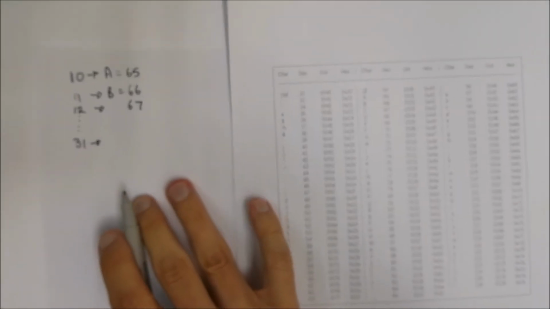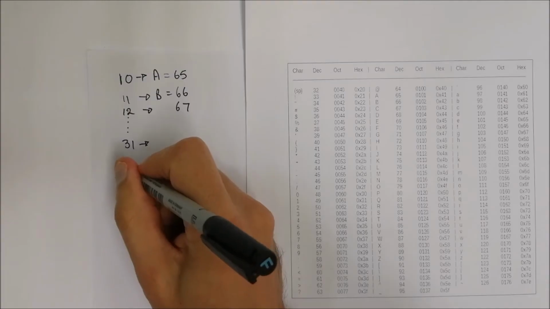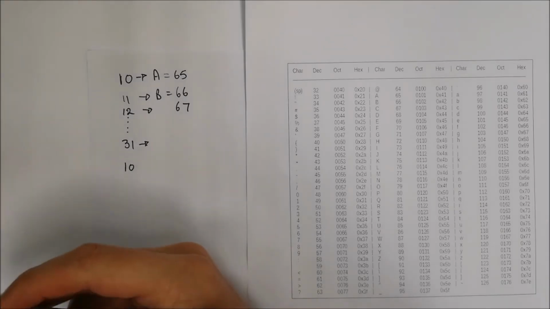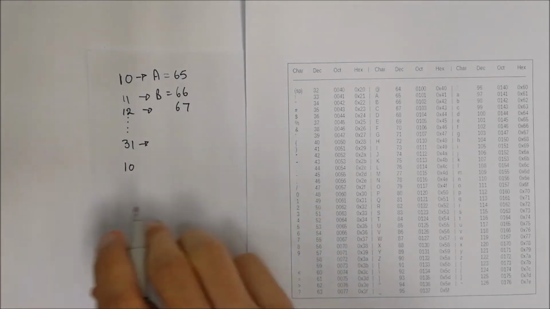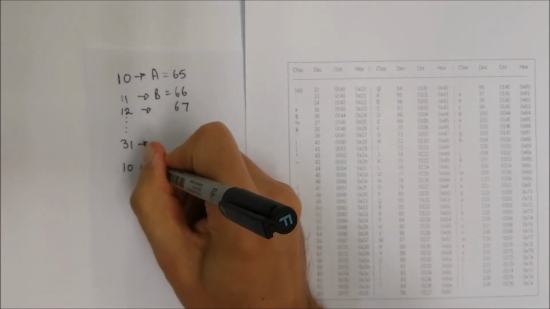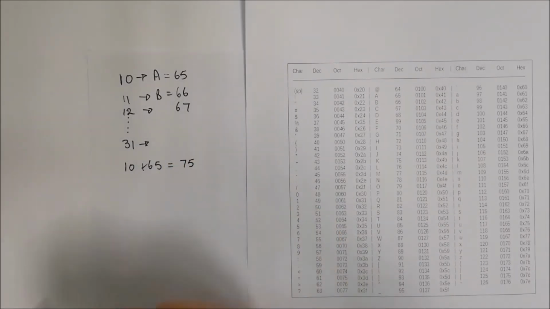So if we look at the number 10, if we had to take that 10 and let's say one of the columns was equal to 10, now we've got to try and get to letter A. We know that A is 65. So if we add 65 to that, what would that be equal to? That would be equal to 75.